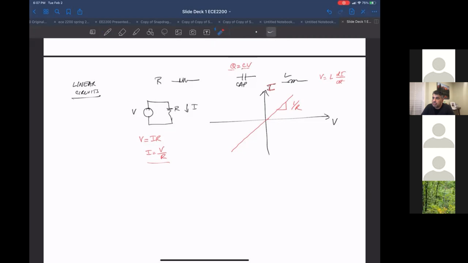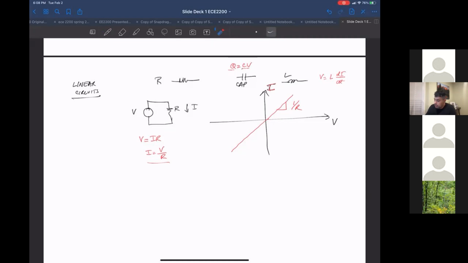There's no way to make the output higher than the input. And there's no way to get a switching circuit out of this either. If you remember the first lecture, switching circuits were what we use for logic gates, which sort of makes the world go around.